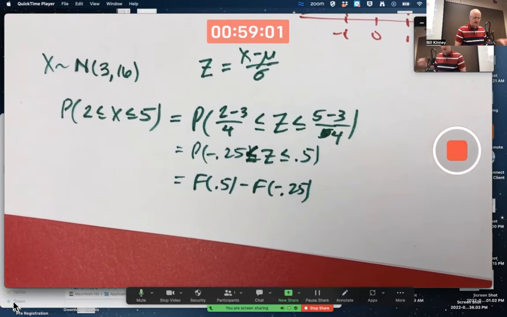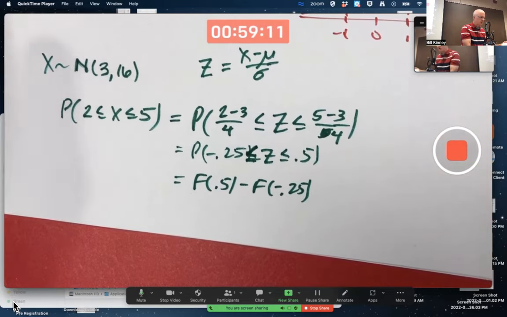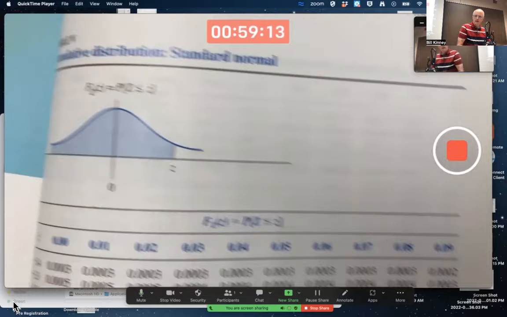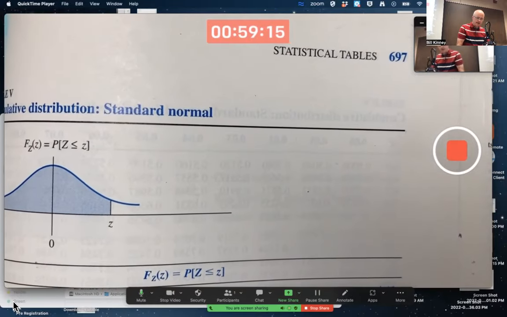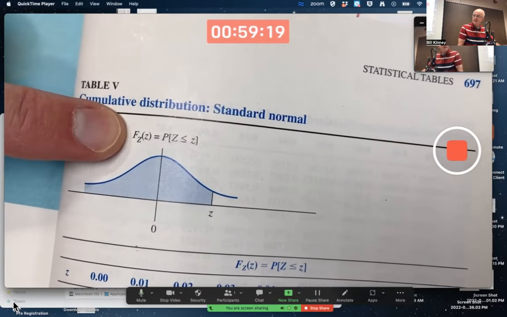And then you can use the technology, or let's get a little practice with the table. The table we're after is the standard normal table, cumulative distribution. It's page 697. It's values of capital F sub Z.